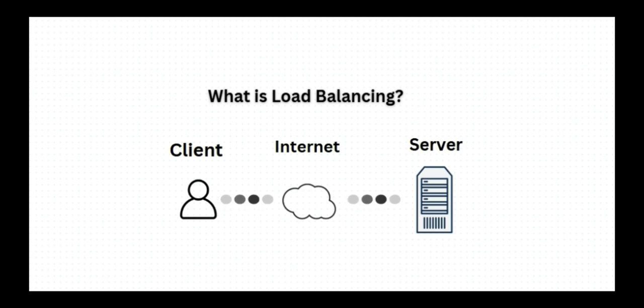So previously we had a single server, now we have 10 servers. But simply adding servers doesn't solve the issue of how to efficiently distribute the requests among these new servers, which is where load balancing comes into the picture.